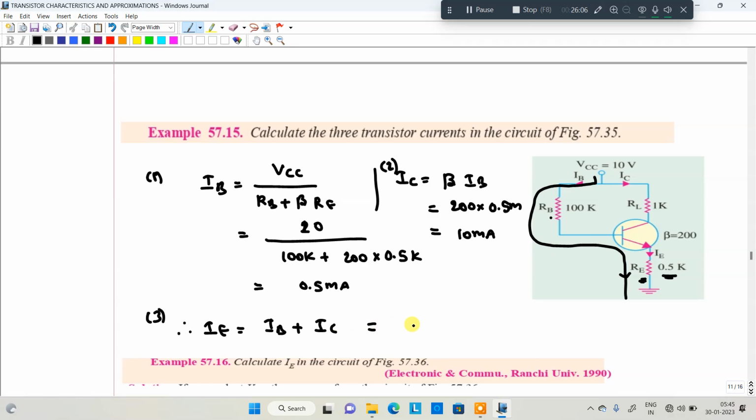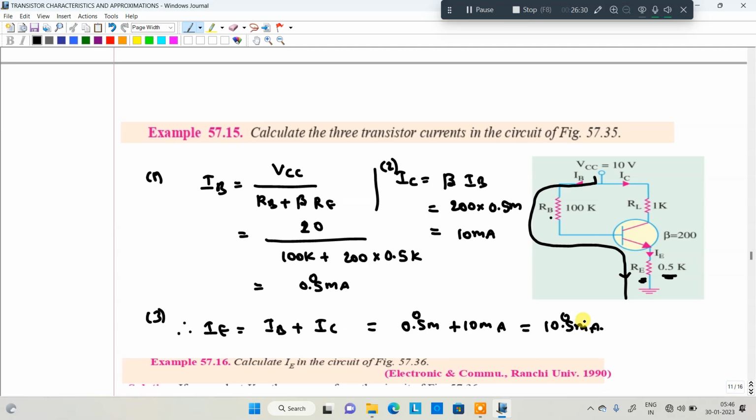IB is 0.5 milliamperes plus 10 milliamperes is the IC, that will be 10.5 milliamperes. Sorry, it is not 0.5, it is 0.05, so 10.05 milliamperes.